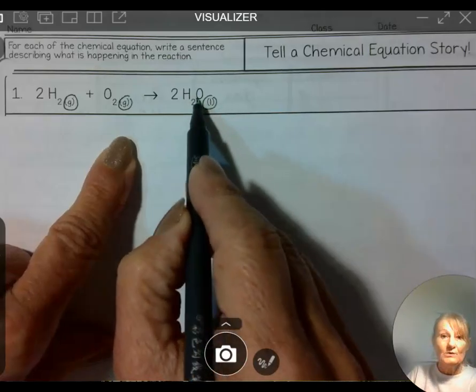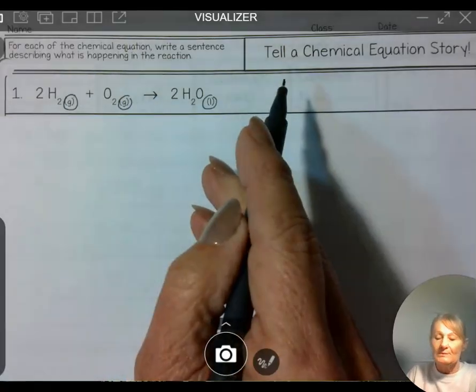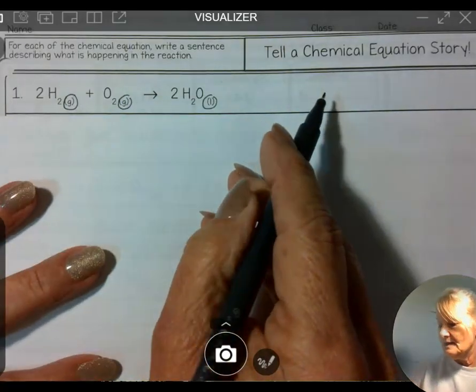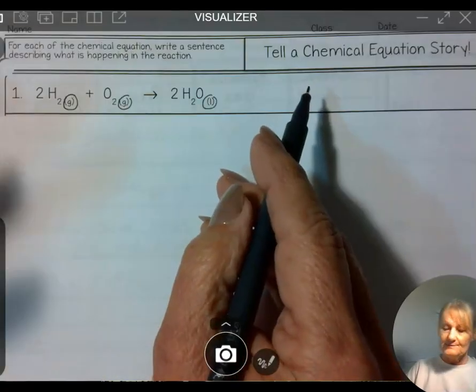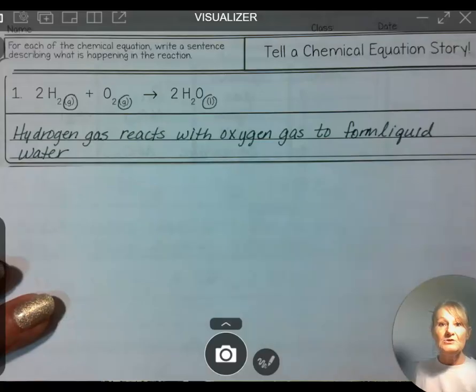And you could say liquid water if you want to, although with water, a lot of times we leave off the liquid piece of it because we know that if it was solid, we'd call it ice. Okay, so again, that's all you're going to write down for me: hydrogen gas reacts with oxygen gas to form liquid water.